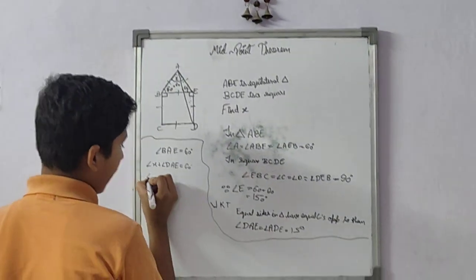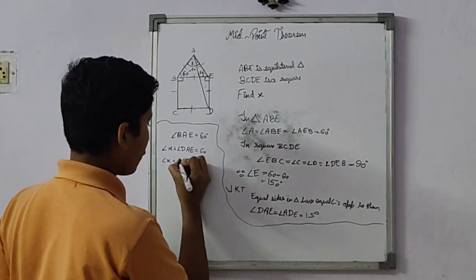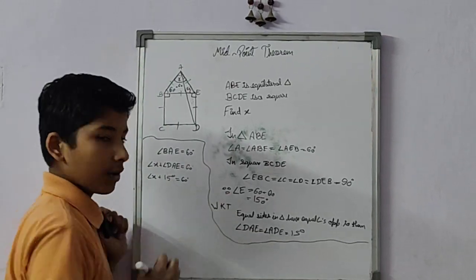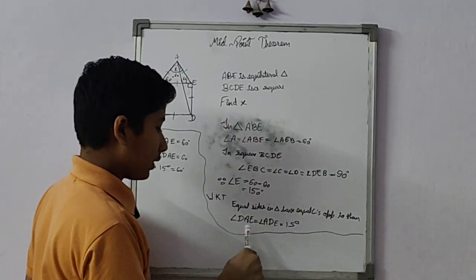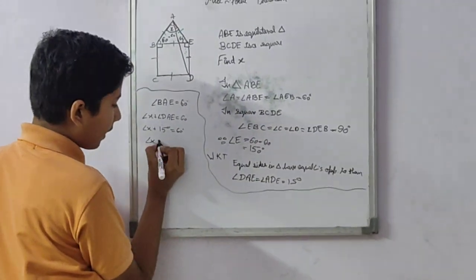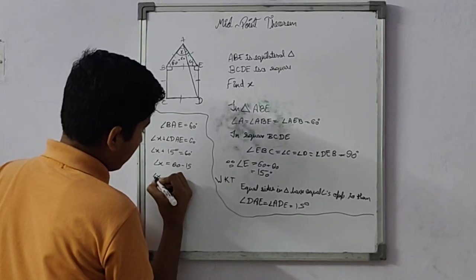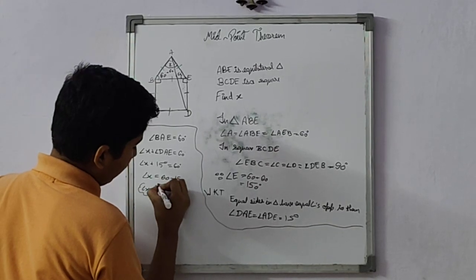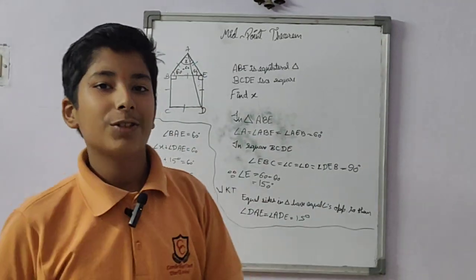Angle x plus 15 degree equal to 60 degree. We have found out DAE, no? So angle x equal to 60 minus 15, angle x equal to 45 degree. Highlighted answer.